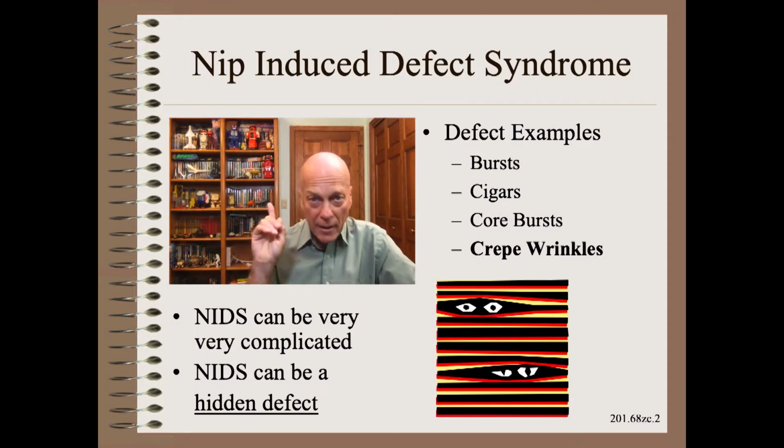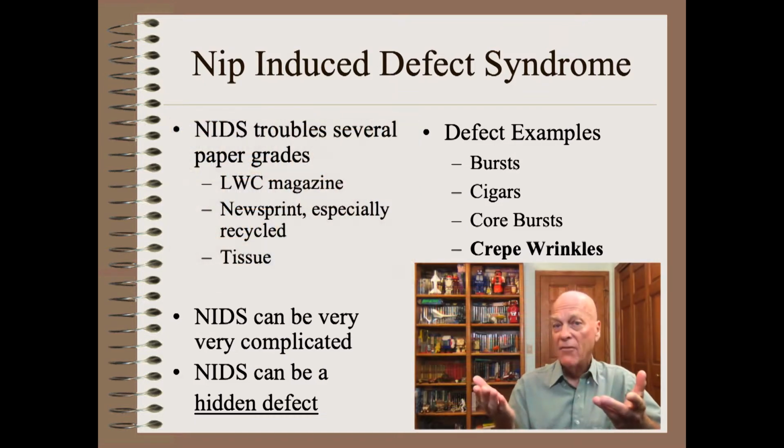The crepe wrinkle is just one of a family of rare winding defects that have similar mechanics. The others in this family include bursts, core bursts, cigars, and possibly corrugations. These defects are quite rare for two reasons. First, they only manifest on a very few paper grades.